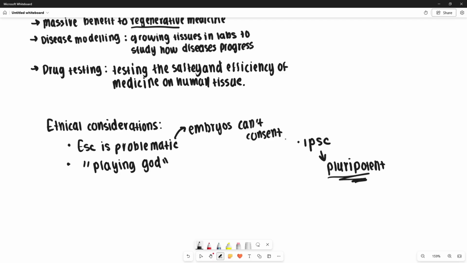And this is a lot more ethical because the adults can consent. And it's a lot better for trying to investigate curative therapies for different disorders. But again, it still poses the risk of playing God. But so does anything with medicine.